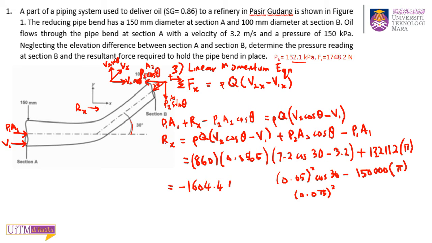What is this Rx? What you calculating here? Force. Resultant force. Force apa? Newton. Newton lah. Okay, so just Newton lah. And you get negative. Okay, so as we discussed yesterday, this negative shows that this resultant force in x direction should be acting ke sana lah, not the first assumption that you make.